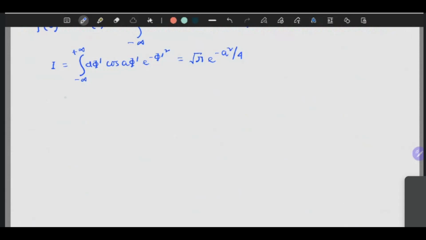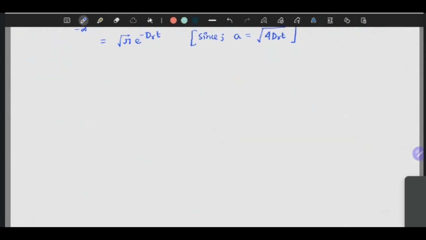And we took a as root over 4 D t. So basically it becomes root pi e to the power minus D t, since a was root of 4 D t. So we have used this.